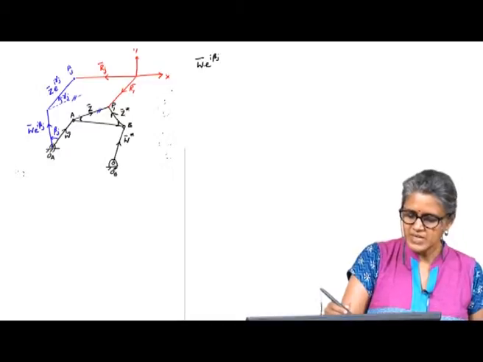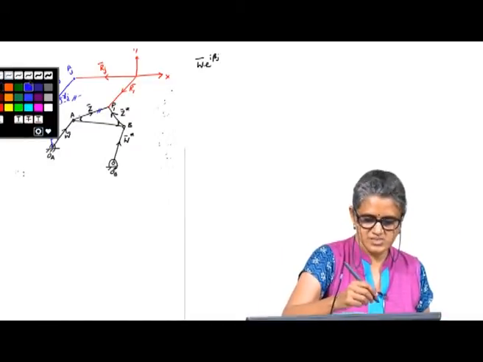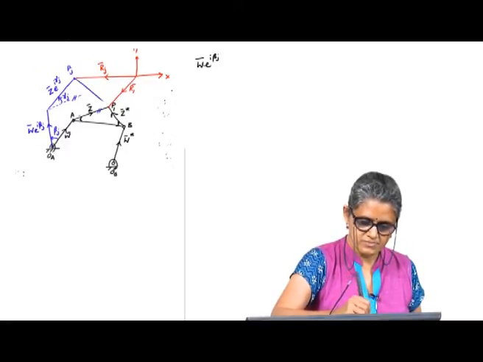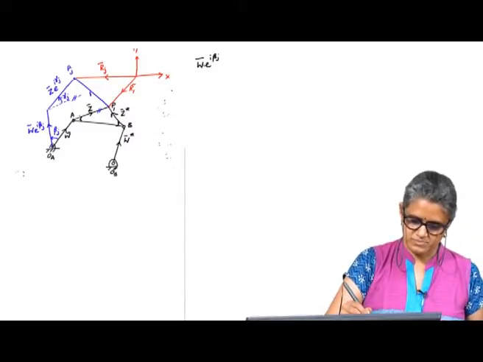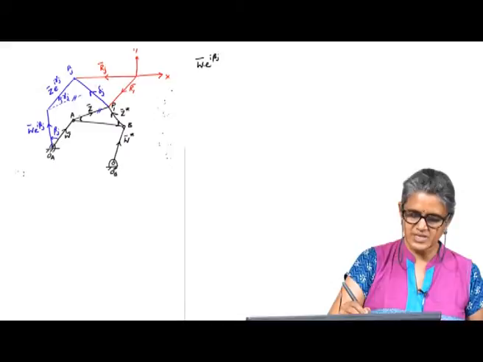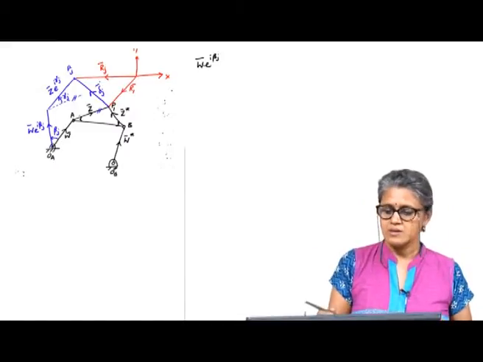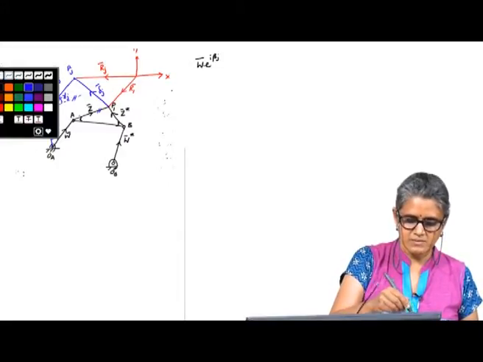So, if I take R1 and Rj, what is this vector? Let me call this delta j. Okay. So, first let me write the loop closure and then we will.